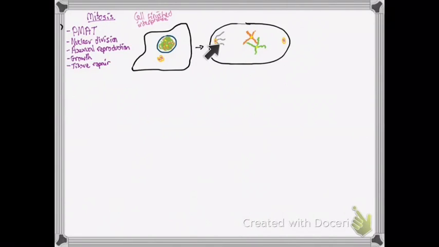One centriole here, one there, and they both form these microtubules, and it's called a spindle. These microtubules will then attach to our centromere, which is in the centre of our chromosomes. So that's when the next stage starts.